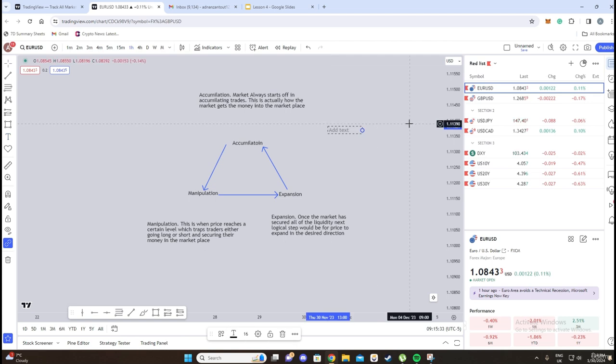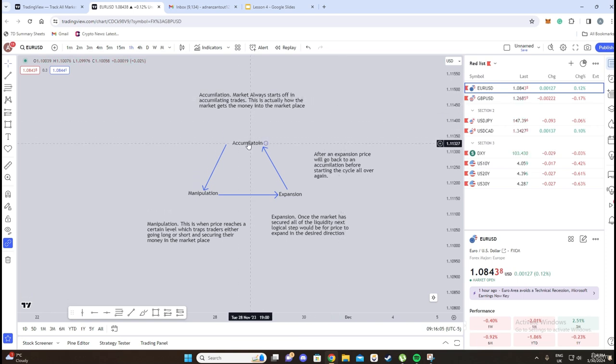And after an expansion, price will go back to an accumulation before starting the cycle all over again. And this is how the cycle works: accumulation, manipulation, to expansion, back to accumulation.